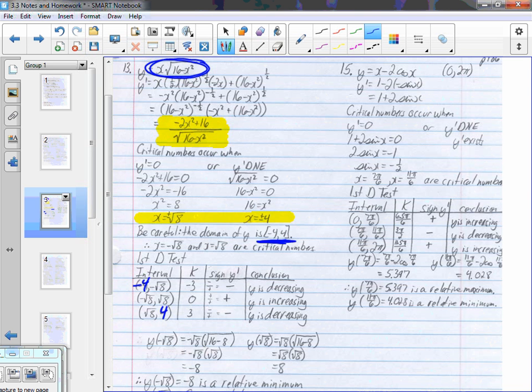So you may very well have set up your first derivative test with the first interval going from negative infinity to -4, and your last interval going from 4 to infinity. You don't need those. You can't use those because the function doesn't even exist from negative infinity to -4 or from 4 to infinity. And like I said, there's no way you were going to notice that last night.